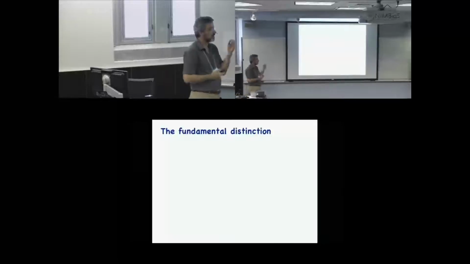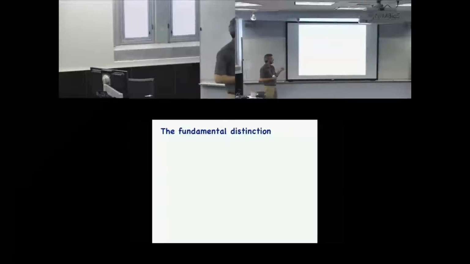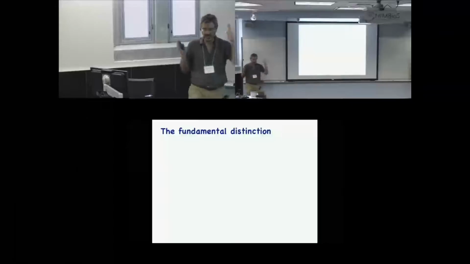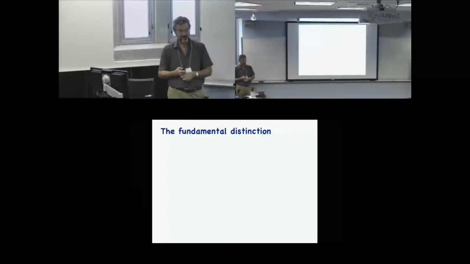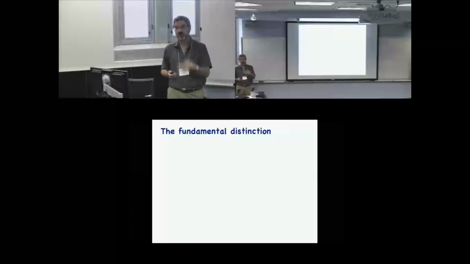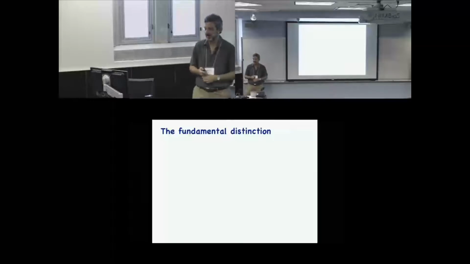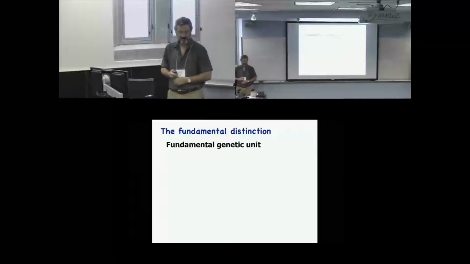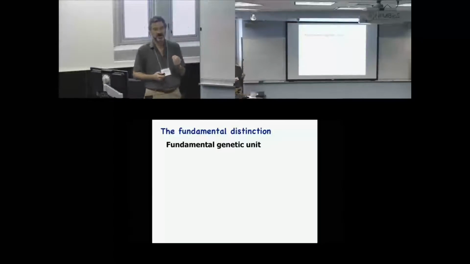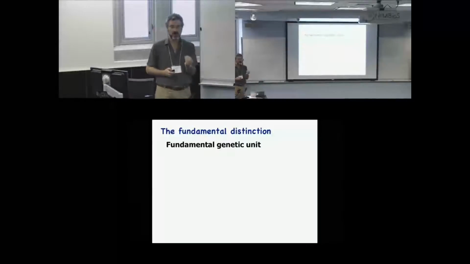So I just wanted to emphasize what I think is this fundamental distinction, this schism that occurred in genetics, that I think is really important for your thinking as you progress on through this week and hopefully through the rest of your careers. And it comes down to what the fundamental genetic unit is and how you think about genetic information.